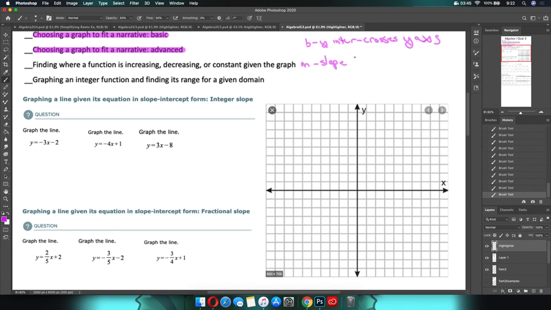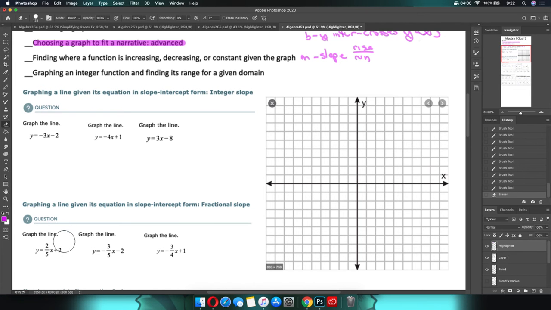And the big thing about slope is that it's rise over run. So let's look at our first slope here. -3. If I write that as a fraction, that's -3 over what? Over 1. Actually, no. You know what? That one's confusing. Let me do the bottom ones first. So if we look over here, our slope is 2/5. Okay? So if I have a slope of 2/5, that's my rise, and that's my run.